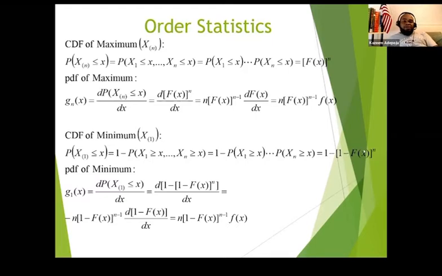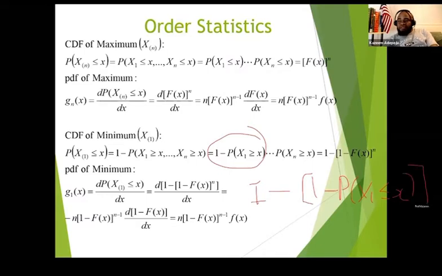Now that I have the CDF of the minimum, some of you may be wondering about this: it is 1 minus the bracket of 1 minus the probability of X1 less or equal to that. I think you remember that, and we're going to have this n times.